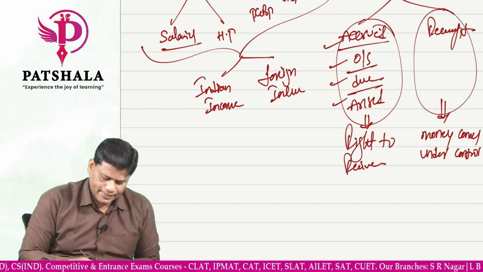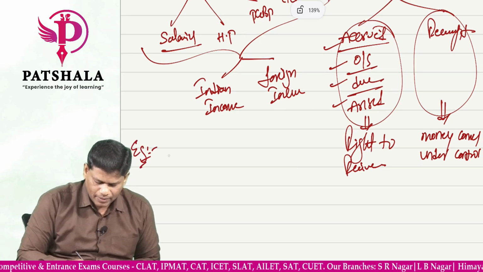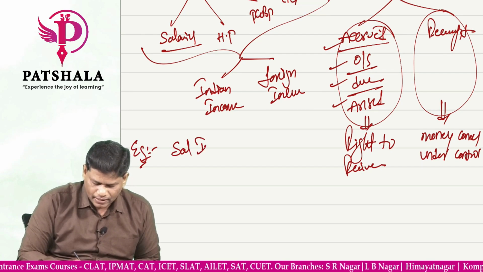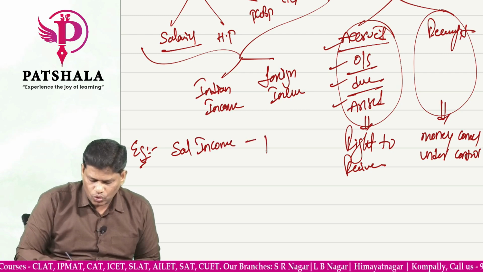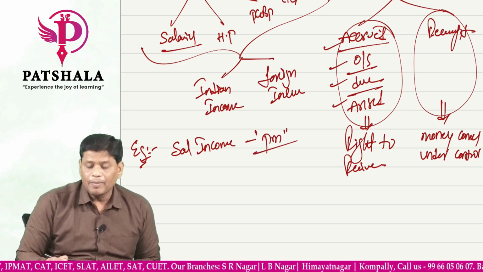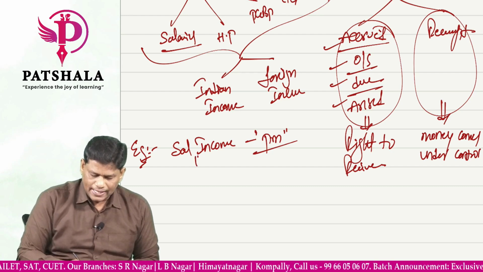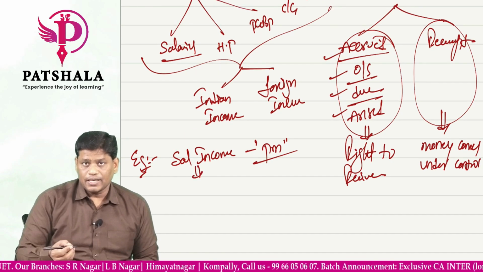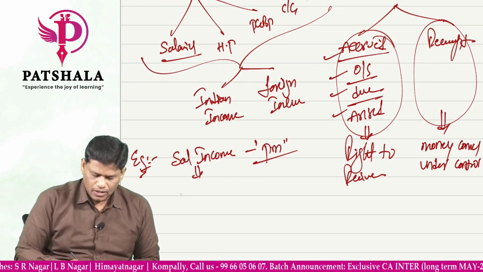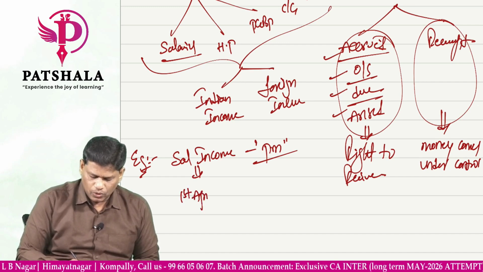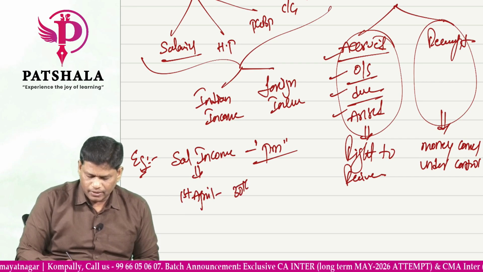Okay, let's take an example. Say you have a salary income, which you receive per month, as every one of you knows. Let's assume the salary income per month is such that you have worked from 1st April to 30th April.